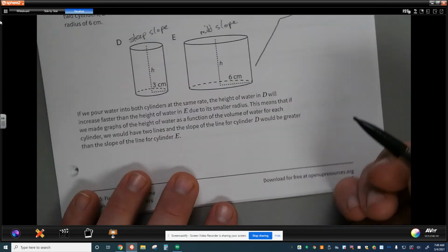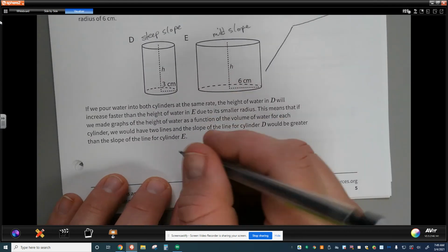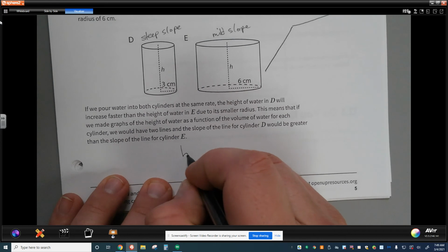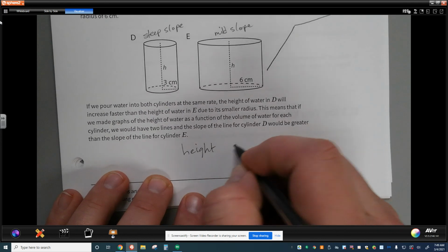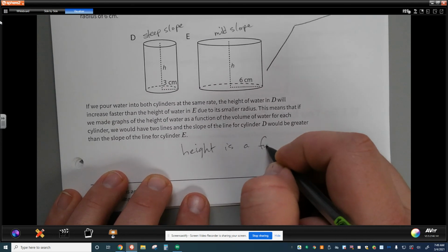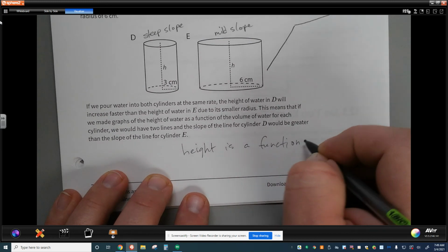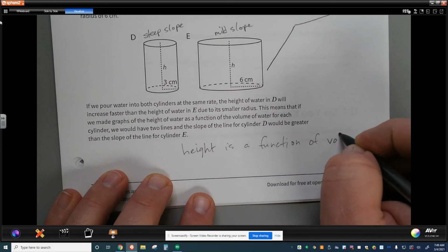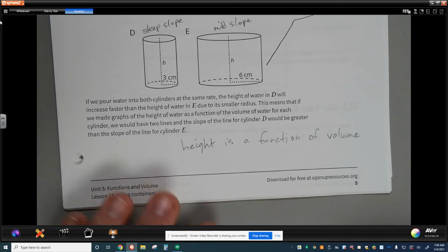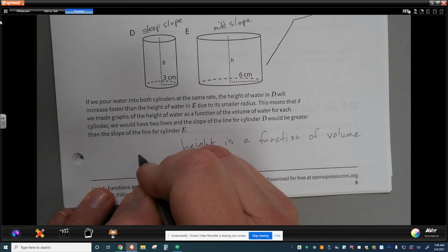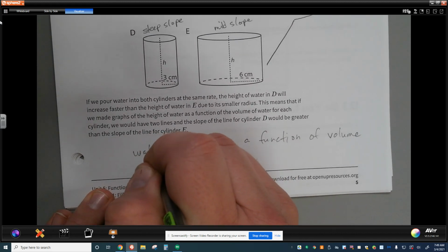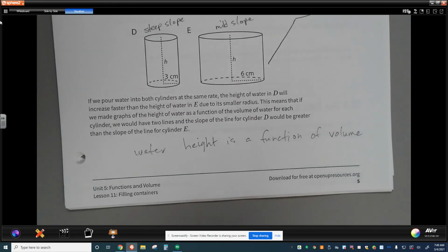If we flipped all this around, we saw that height is a function of volume. Okay, the water height, I should put that. Water height is a function of volume.